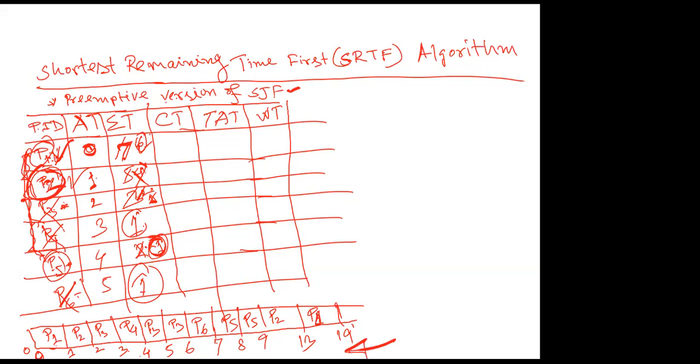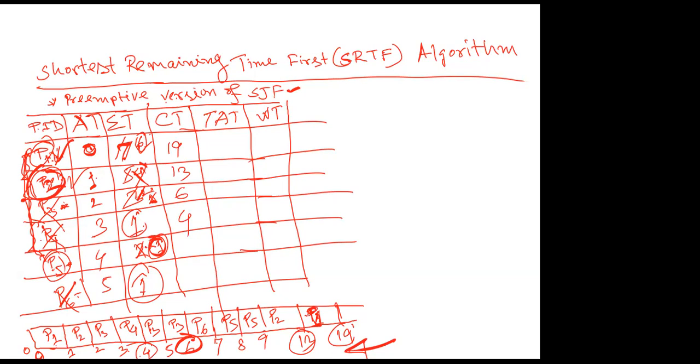P1's last appearance is at time unit 19, so it completes at 19. P2 completes at 13. P3's last time is 6. And P4 is at 4 time units.